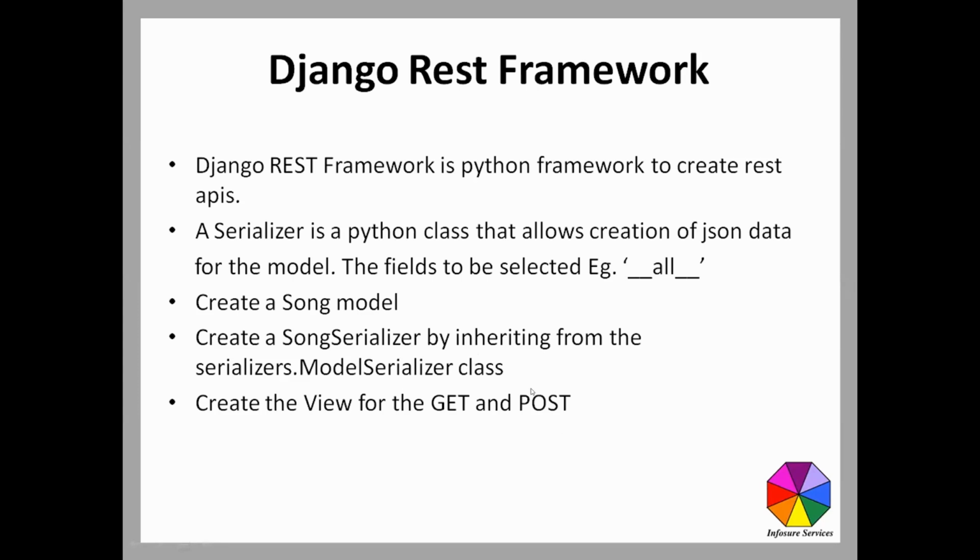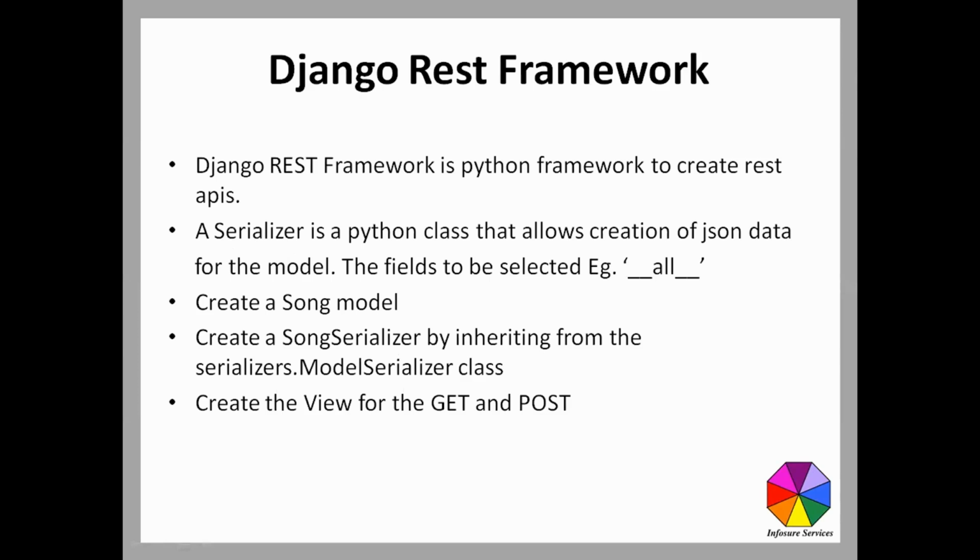Again, this is a foundation. The takeaway is: a song model to be created and a song serializer to be created; a product model to be created and a product serializer to be created. And where do you wire that model? We'll come to that. So this is called a serializer. Now, what is a serializer?